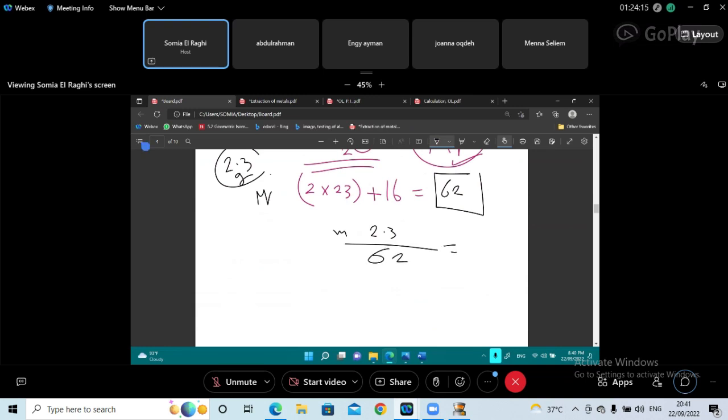Don't round in this case. We get 0.038. What is the unit? Mole. Please, when you do calculations, you always have 2 points to do: double check, and the unit. That's it.